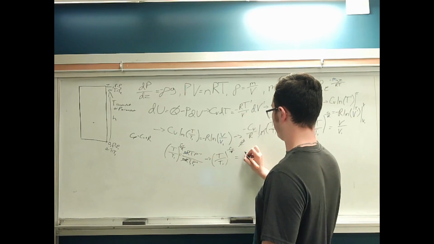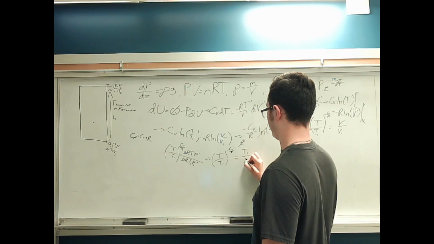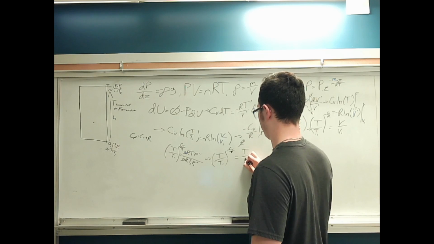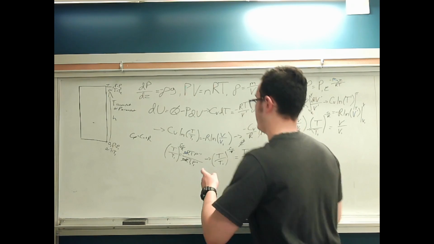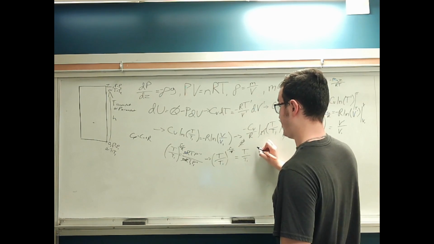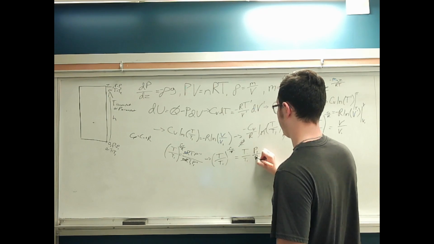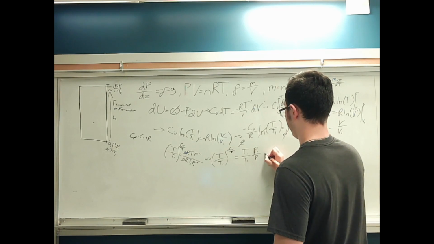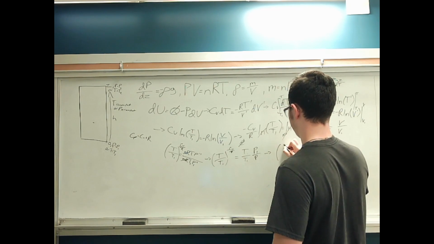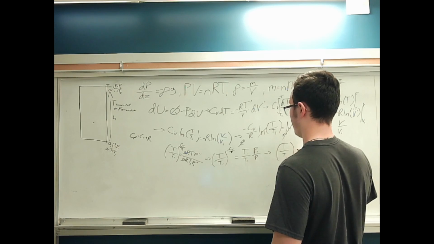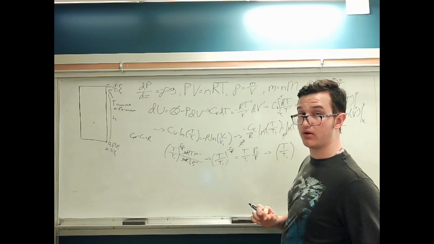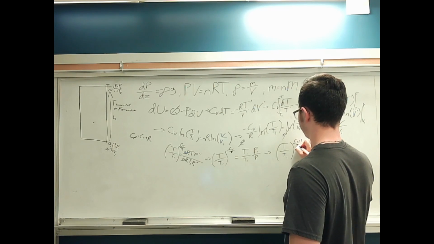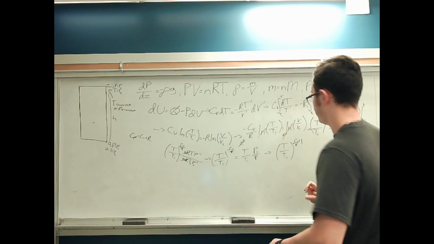T1 over T, times P1 over P. So now we can move this over to this side, flip it, and we can take it as T over T1 to the power of negative Cv over R minus 1, which we can just call Cv over R plus 1.